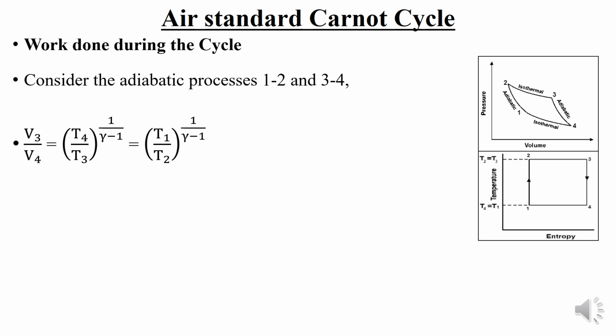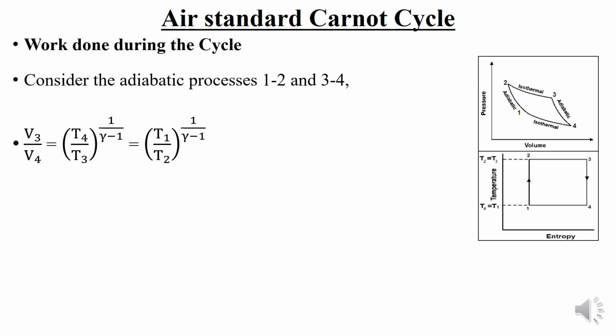V3 by V4 is given by (T4 by T3) to the power 1 by gamma minus 1, but T4 equals T1 and T3 equals T2.